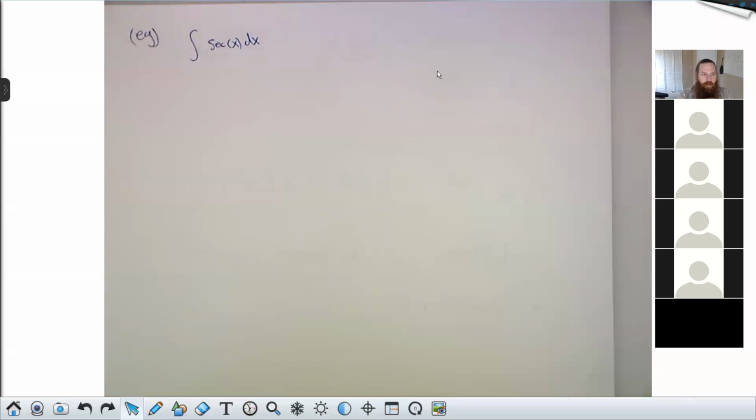What you'll see when you take Calc 2 is that integrating odd powers of the secant function is challenging, very challenging, fun, but not easy. I'm going to do something here that at a glance makes no sense. I'm going to multiply by secant x plus tangent x over secant x plus tangent x.